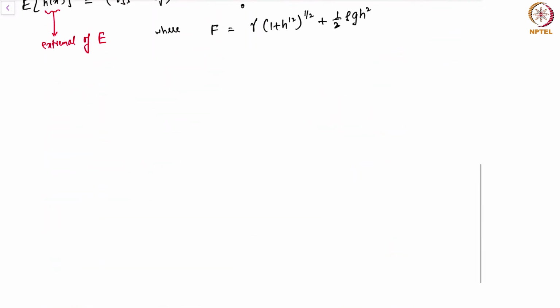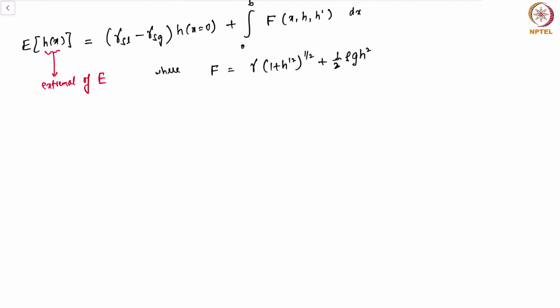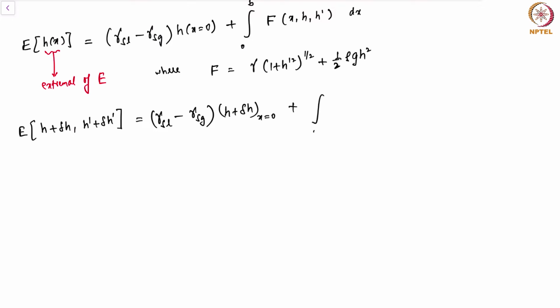And therefore, if E satisfies this equation, then the general expression for this functional, which is h plus delta h and h prime plus delta h prime, will simply be gamma SL minus gamma SG of h plus delta h at x equal to 0, plus this Lagrangian f, which is at x, h plus delta h, h prime plus delta h prime, dx.